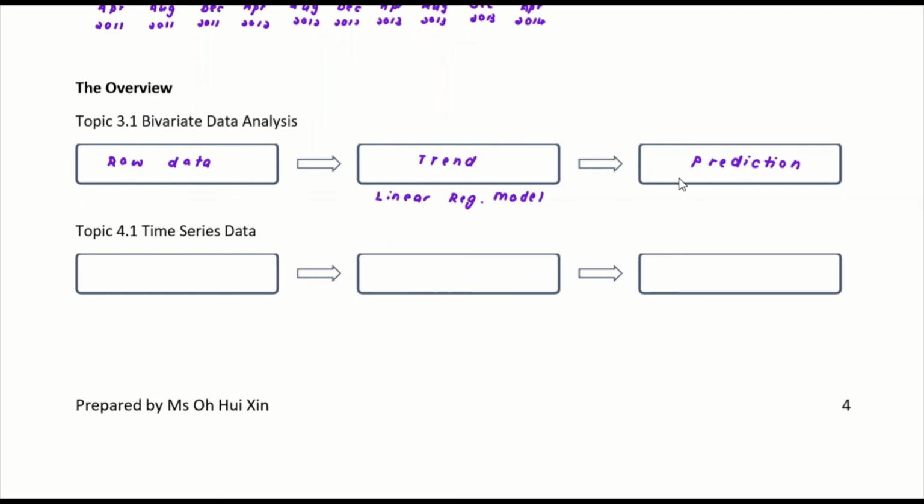For a set of numerical data. Okay, so for time series data, you can imagine it's actually the same thing as numerical data, but the data that we are going to deal with isn't that easy, where it only gives you the trend. Let me give you a simple example here.